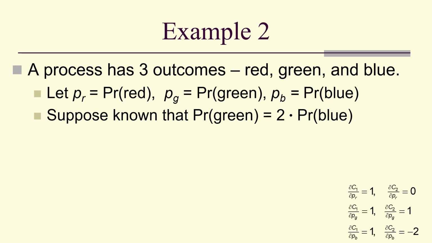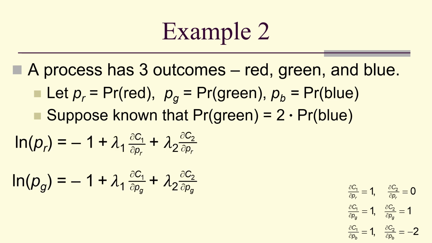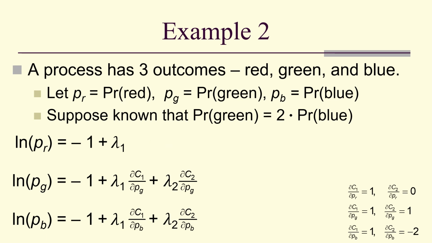So that equation for each of r, g, and b is just these logarithms equal to -1 plus linear combinations of partial derivatives. Now we can use the values of our partial derivatives to notice that in the first one we've got 1 and 0 for our partials, and that just gives us that. In the second, both partials are 1, and in the third, the first one's 1 and the last one is -2.